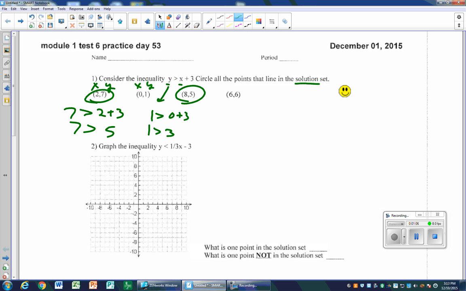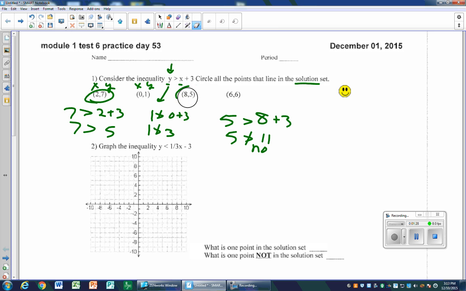Now let's take the third point. Remember that the first one, 8, is the x, but the y came first. So we just write 5 is greater than 8 plus 3. Is 5 greater than 11? No. You can even put those no signs through it. So I better not circle that one because that was not an answer.